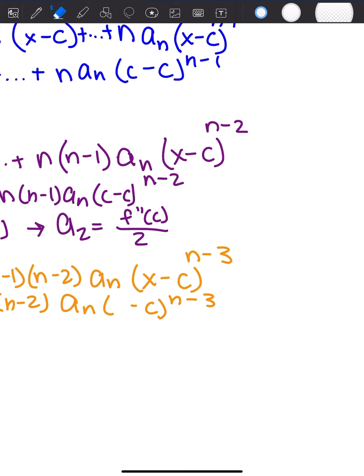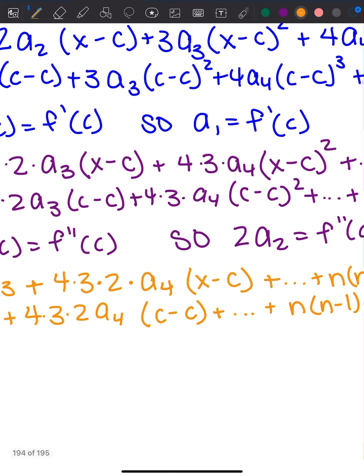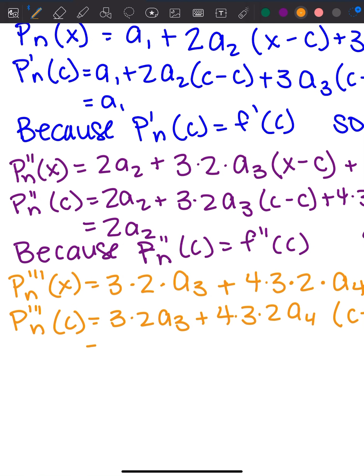So instead of x, we're going to have c. So we have a bunch of c minus c, so they go away. We have them no more. So we have 3 times 2 times a sub 3. Okay, so when we look at this one, we know that p triple prime of n of c is 3 times 2 times a sub 3.